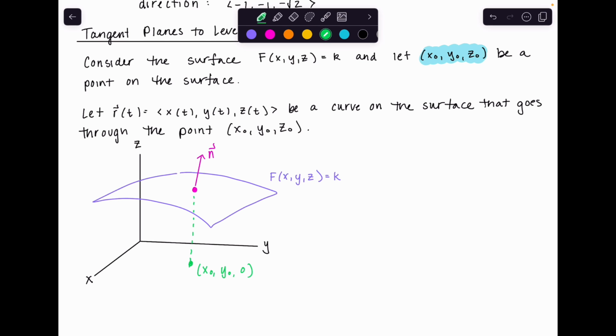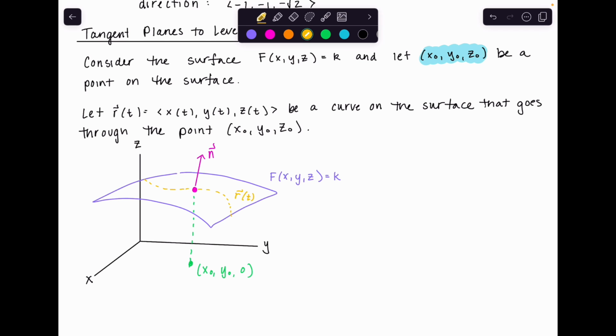So what I'm doing is I need to find this normal vector. I'm considering this vector function r of t that goes through this point and it lies on my surface. It can be any function that goes through that particular point.